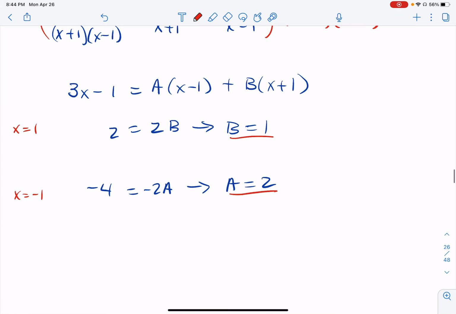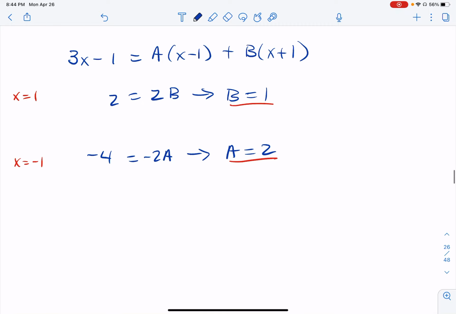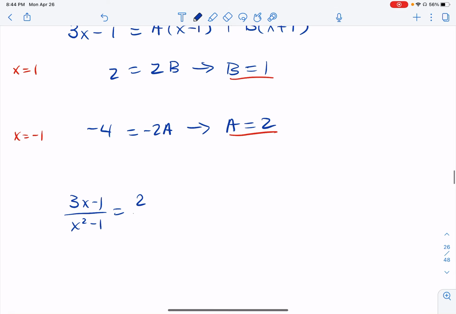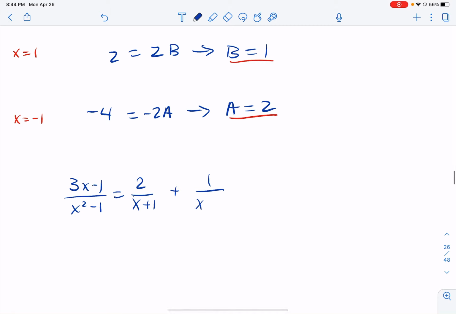And then rewriting our fractions in partial fractions, I would have 3x minus 1 over x squared minus 1 is equal to 2 over the factor x plus 1, plus 1 over x minus 1.